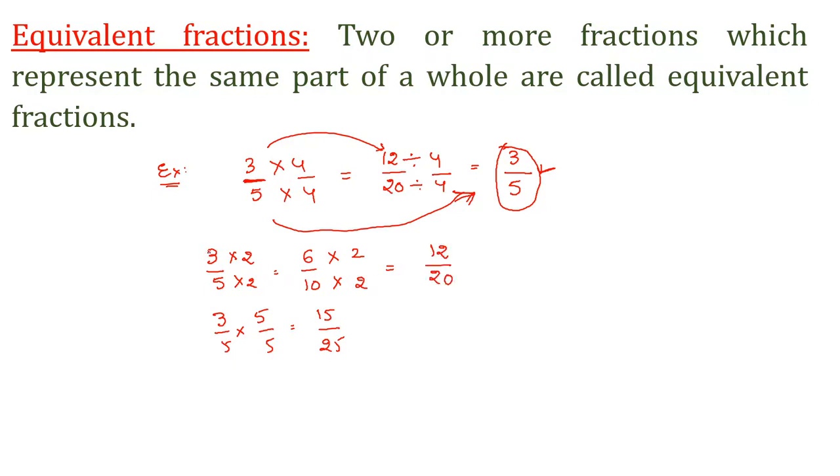So here 3 by 5 is equivalent to 6 by 10 and 6 by 10 is equivalent to 12 by 20. Here 3 by 5 is equivalent to again 15 by 25 because these two are equivalent fractions. Okay, so like this you can find out any number of equivalent fractions for the given fraction just by multiplying both numerator and denominator with the same number.